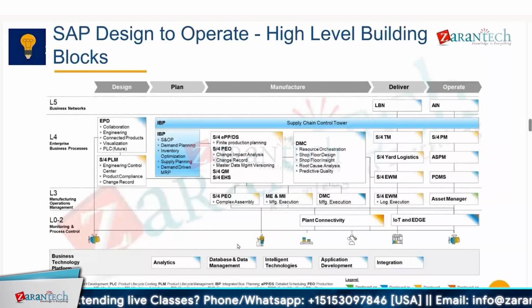So at the bottom you see some of the color coding, which is also reflected in the specific boxes. For example, the box of IBP SNOP is blue. That means this tool is deployed in the cloud. So IBP SNOP, IBP demand planning, inventory optimization, and so on and so forth, all these tools can be deployed in the cloud, similar to the ones in green.